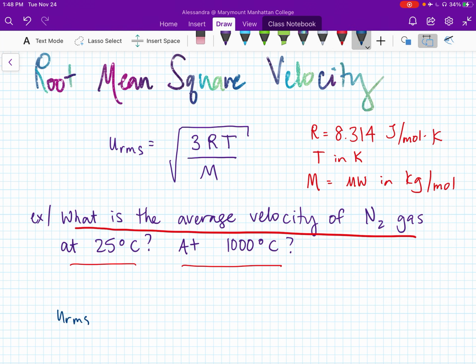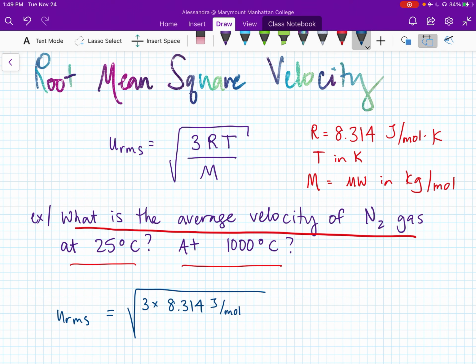Root mean square velocity at 25 degrees Celsius is going to be the square root of 3 times 8.314 joules per mole Kelvin times the temperature in Kelvin. Now 25 plus 273 is 298 Kelvin. And we are going to put that over the molecular weight of nitrogen in kilograms per mole.